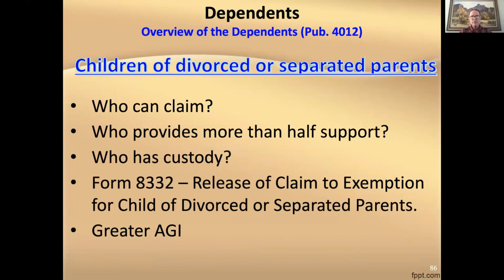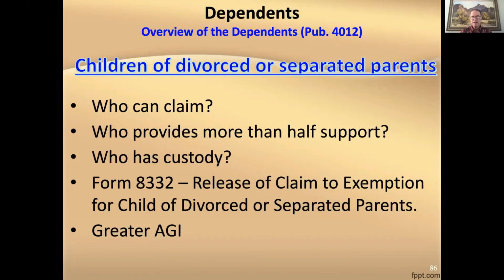Now, the children of divorced or separated parents. Well, we get all kinds of questions about who can claim them, who provides more than half their support, who has custody of them, and then the release of claim to exemption, and who has the greater AGI. The bottom line here is, even though I'm going to cover some of these screens, almost everybody I have seen who comes in with children and is divorced brings their divorce decree.